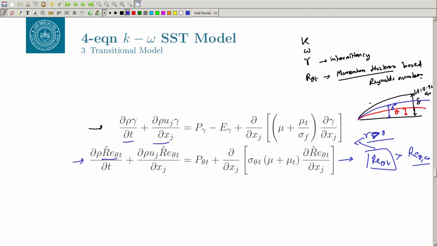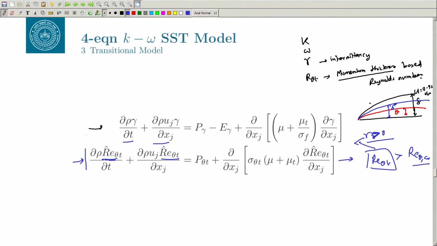Then you keep on calculating this Re theta t and keep on comparing with the experimental data till you see whether this value is in the region of the transitional flow or in the turbulent flow. So, this is used as an indicator.